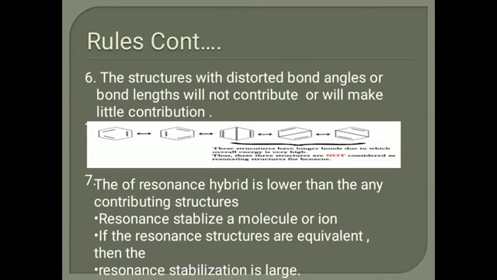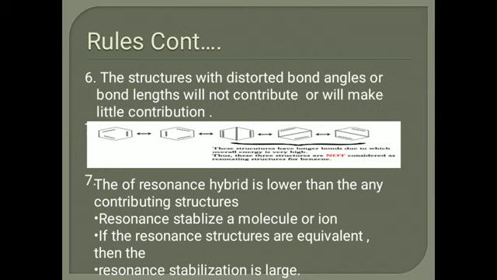Next one is that structures with distorted bond angles or bond lengths will not contribute or will make little contribution. इसका मतलब ये है कि वो मॉलिक्यूल्स जिनकी बॉन्ड लेंथ डिस्टॉर्ट होगी या बॉन्ड एंगल्स डिस्टॉर्ट होंगे, उनकी कंट्रीब्यूशन कम होगी, मीन्स वो लेस स्टेबल होंगे.